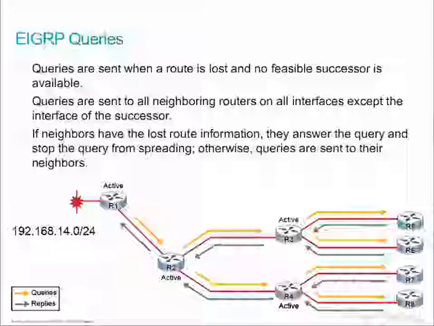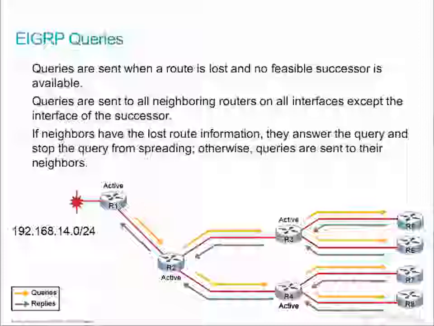The other problem that we run into is that I can't respond to a query until everybody that I've sent a query to responds to my query. So R2 can't respond to R1 until R3 and R4 respond, and R3 and R4 can't respond until R5, R6, R7, and R8 respond. So that's a bit of a problem, right?